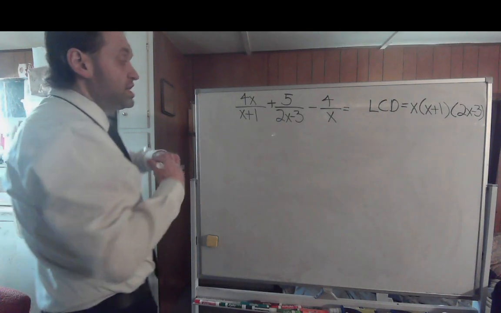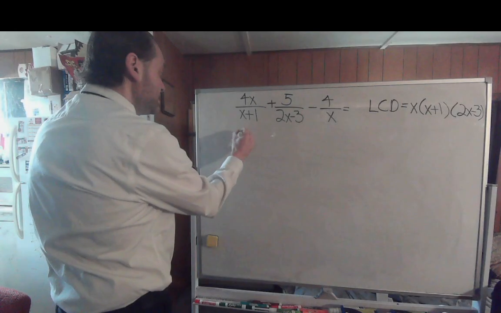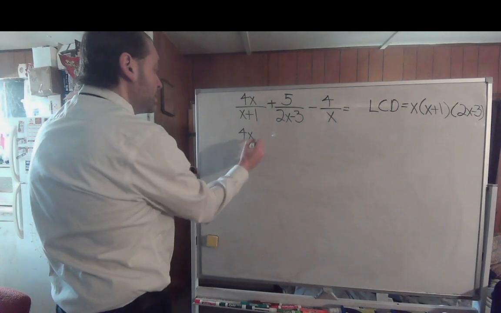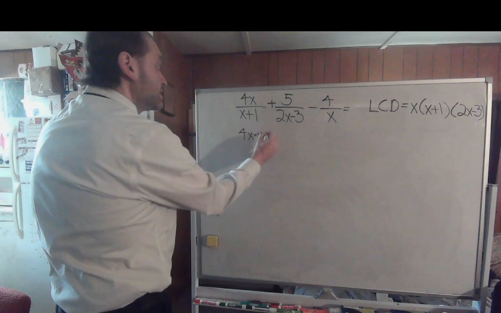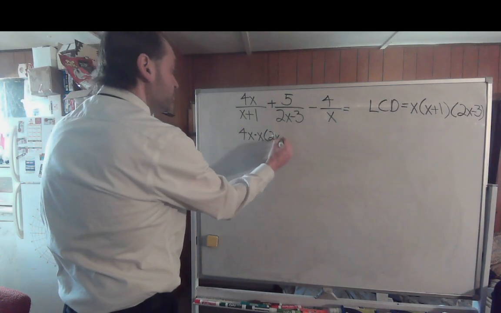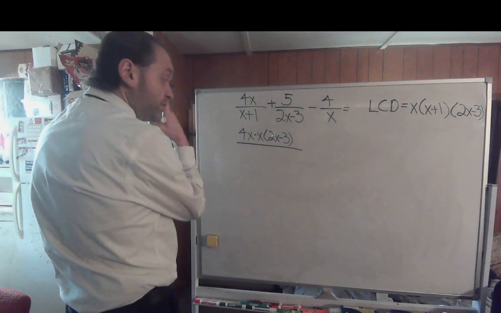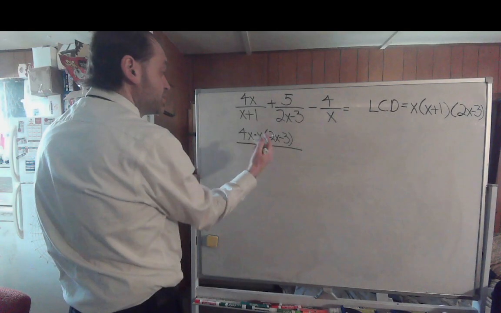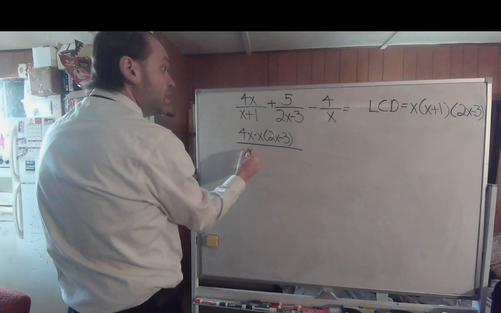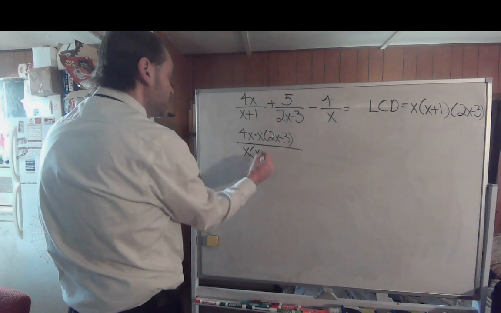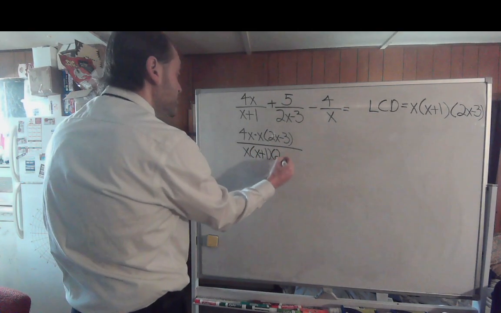That means you need to multiply both numerator and denominator by x times (2x minus 3). So this would turn into 4x times (2x minus 3) over x times (x plus 1) times (2x minus 3).